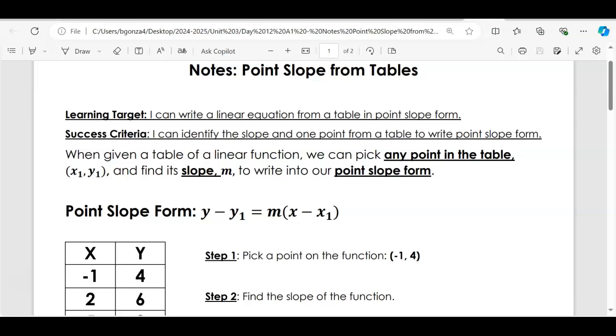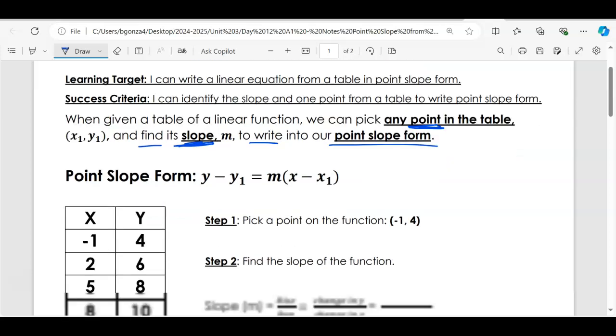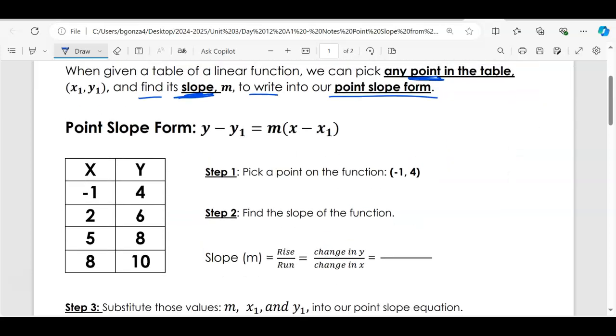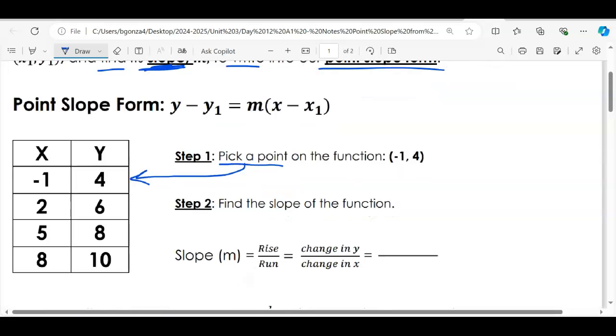If you're given a point, if you have more than one point, you pick one point and you have to find the slope from the table, and then you can just write it into point slope form. That's pretty much it. So we know point slope form, like our warm-up today. So look at step one. Pick a point. You don't have to pick the first one, but might as well, right? So the point is (-1, 4). That's my first point.